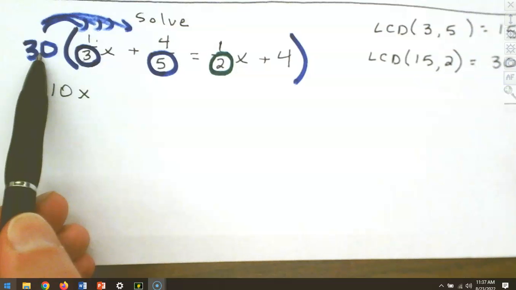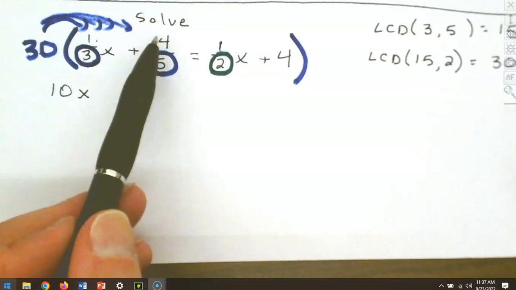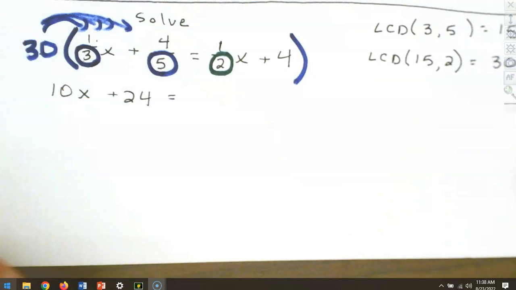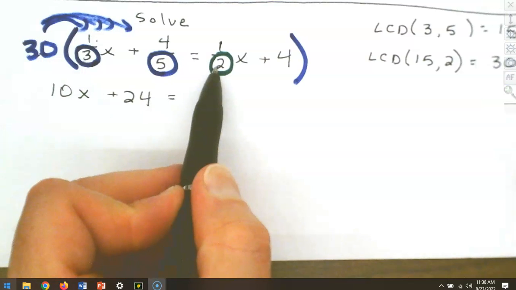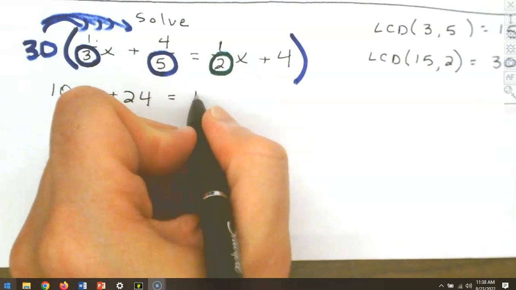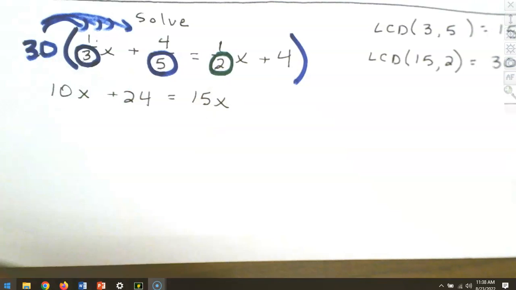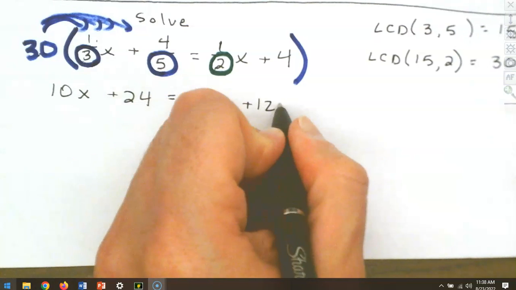Next, 30 divided by 5 is a 6, right? 6 times 4 makes it a 24. Next, 30 divided by 2, 15, times 1, that makes it a 15x. 30 times 4, there's no fractions here. 30 times 4 should be 120, shouldn't it?